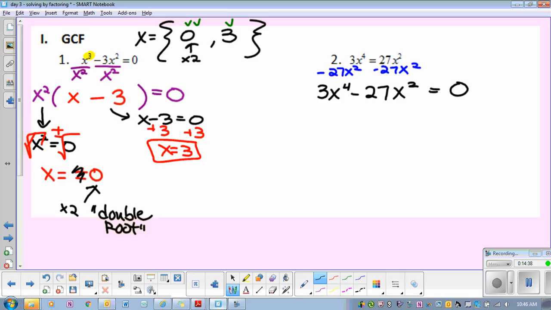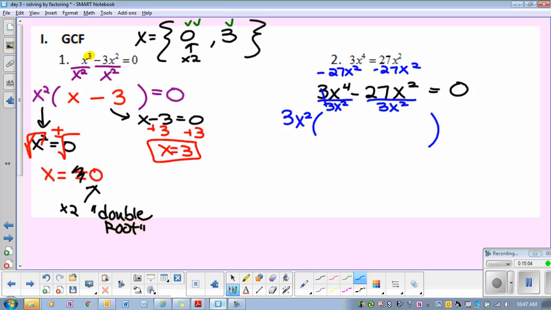Now, guys, what is the GCF here? 3x squared. Because they both have an x, and the smaller exponent is x squared, so that's the one you have to bring out. So if you divide everything by 3x squared, these 3's cancel out.